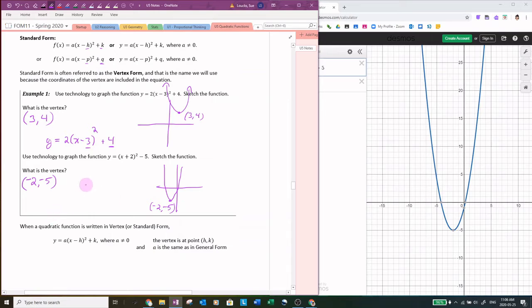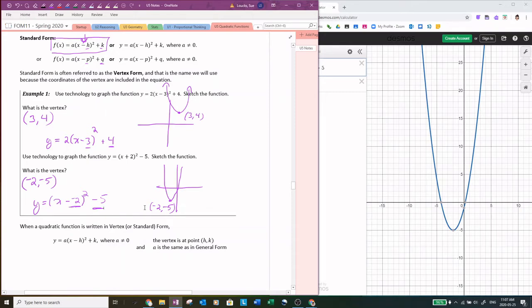And if you notice the vertex form up here, it's written with an x minus here, not a plus, okay? So what I'm going to do here is write y equals x minus. If I change x plus 2 to x minus something, that's going to be (x minus -2) all squared minus 5. And then my -2 and my -5 are my vertex.